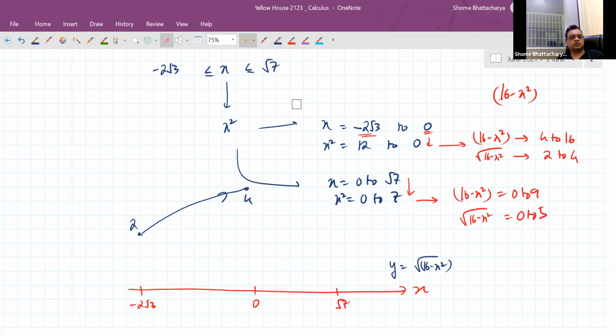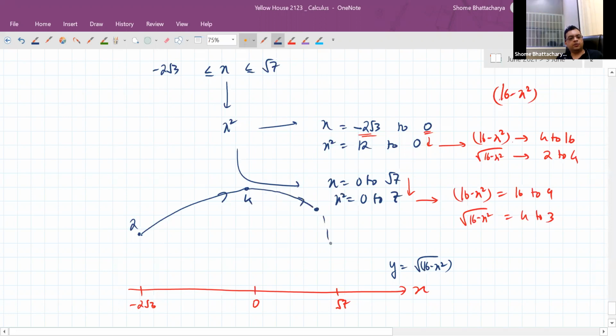And similarly here, as x square is going from 0 to 7, 16 minus x square is going from where to where? It's going from 16 to 9. So this is going from 4 to 3. So it's coming down here, where at this point, y is equal to 3. At this point, y is equal to 4.